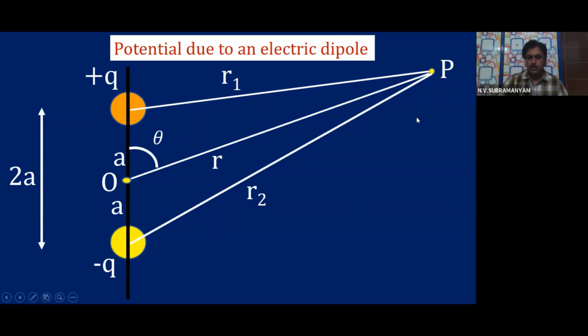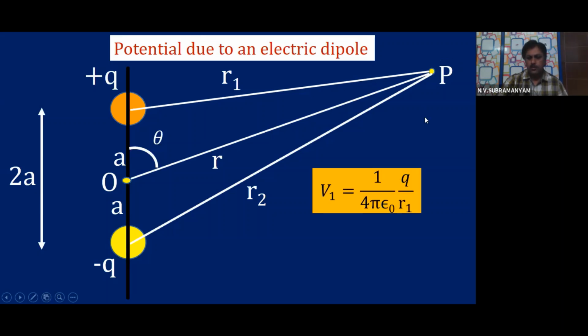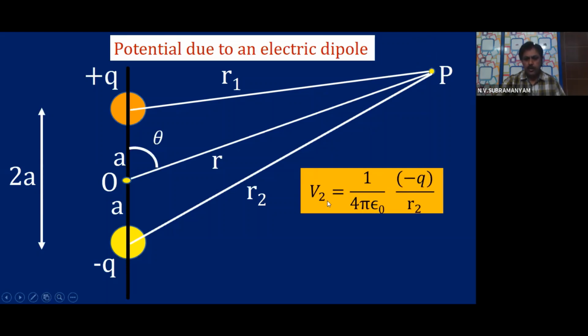First V1 is 1 by 4 pi epsilon 0 q by r1, because the distance from q to P is r1. Similarly, V2 is 1 by 4 pi epsilon 0 minus q by r2.